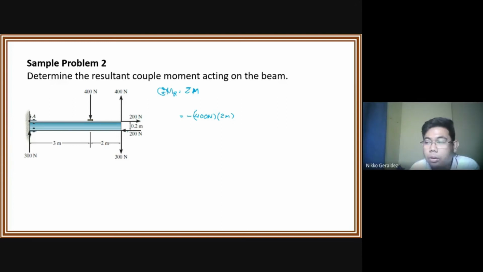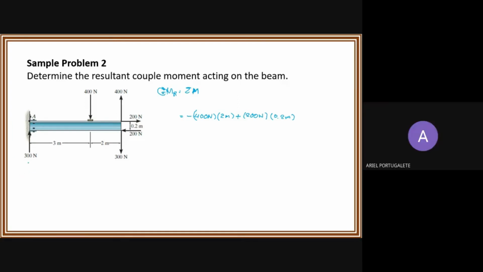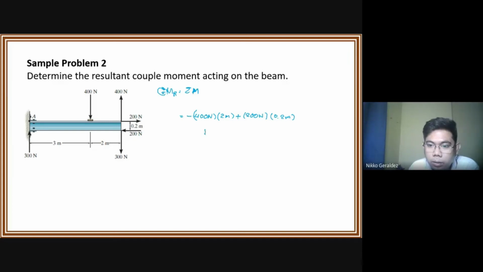Next, 200 Newton. Clockwise, counterclockwise? Plus 200 Newton times perpendicular distance, 0.2. 300 Newton, clockwise, so plus 300 Newton times perpendicular distance, 5 meters.